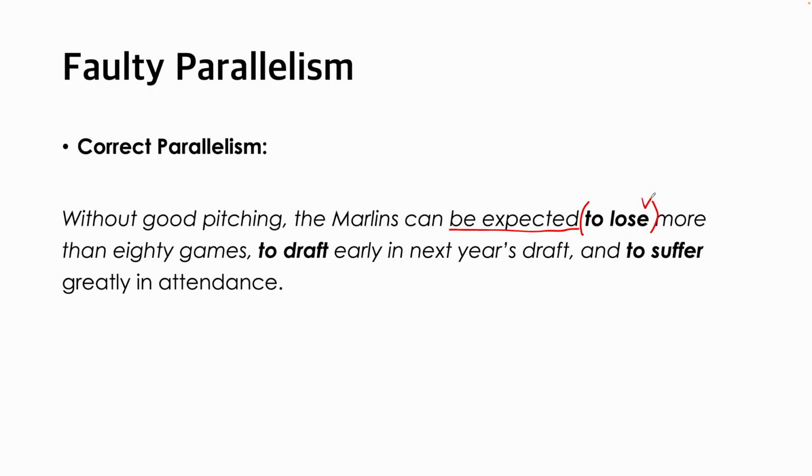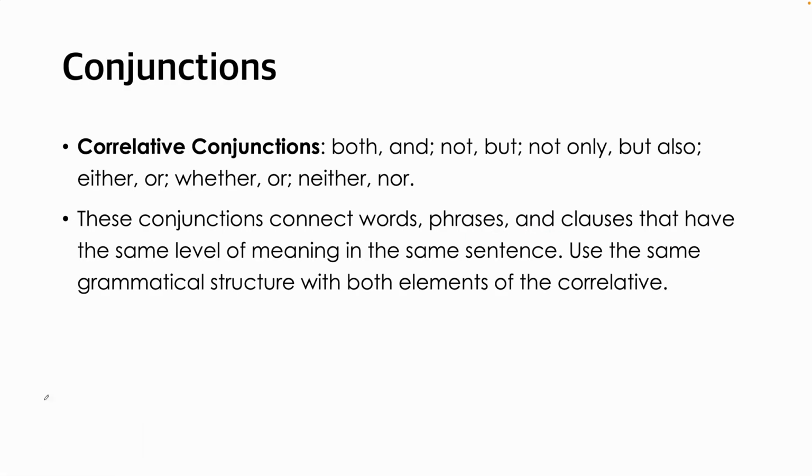So the Marlins can be expected to lose and to draft and to suffer greatly in attendance. Here we can see all three events are described with the same structure of to infinitives and conjoined by one conjunction word and.